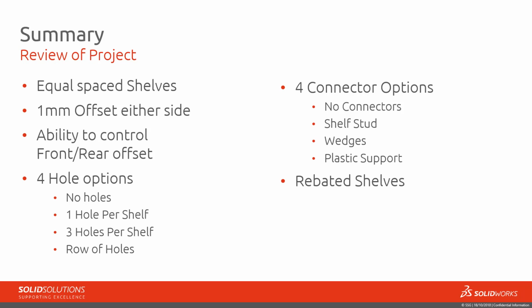So we've set up some equally spaced shelves with 1mm offsets on either side, and we've also allowed for the ability to control the front and rear offsets, as I mentioned back at the beginning, in case we wanted to put any electrical cabling down the back of the cabinet. On top of that, we've got several options with regards to the holes and the connectors that are to be used, as well as the extra of the rebated shelf.